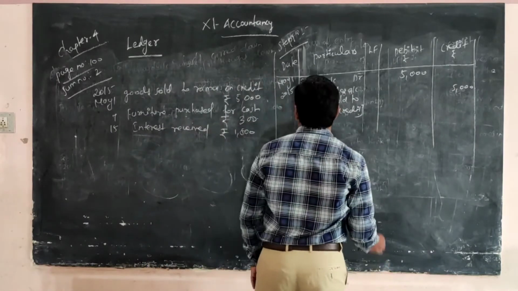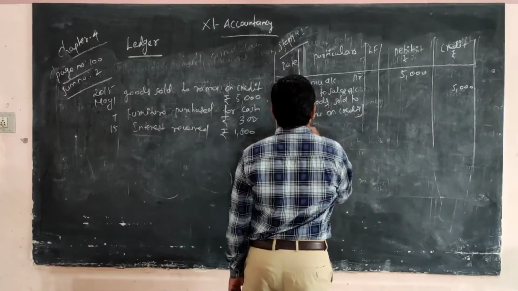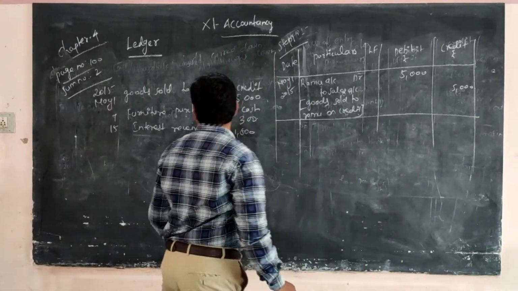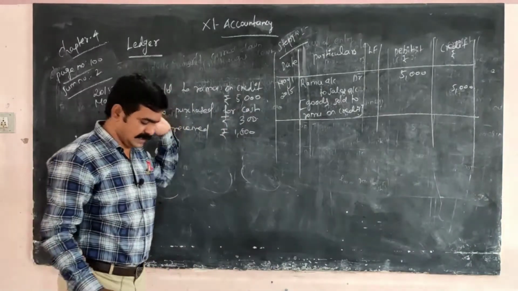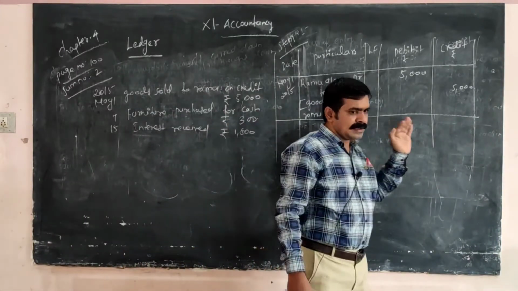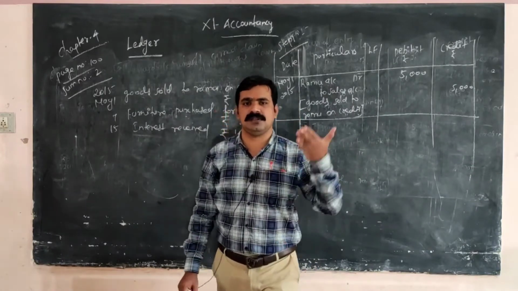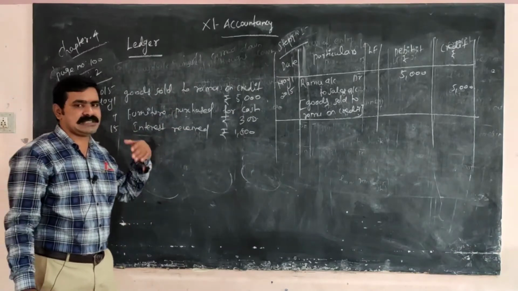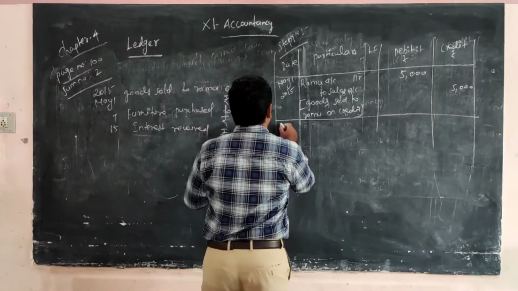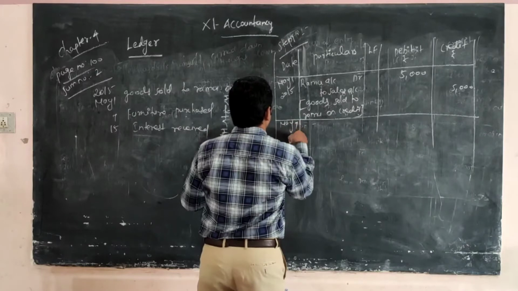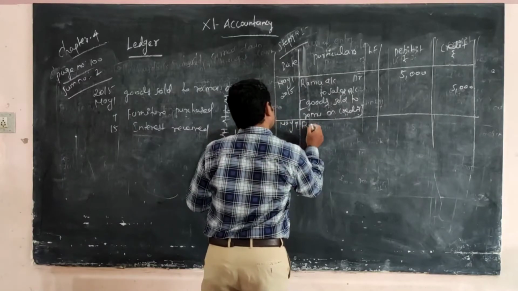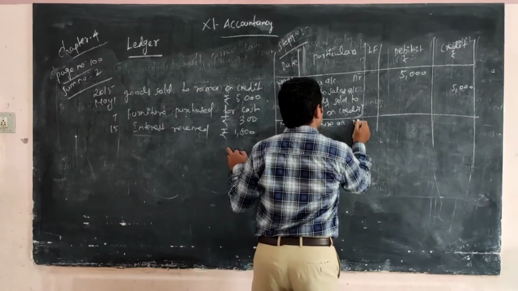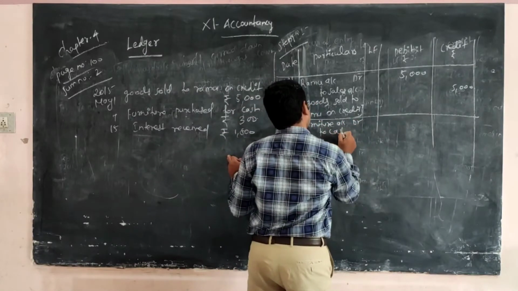Next, the second transaction, furniture purchased for cash. This is a cash transaction. Cash goes out, furniture comes in. Furniture is a real account and cash is also a real account. So May 7, furniture account debtor to cash account.